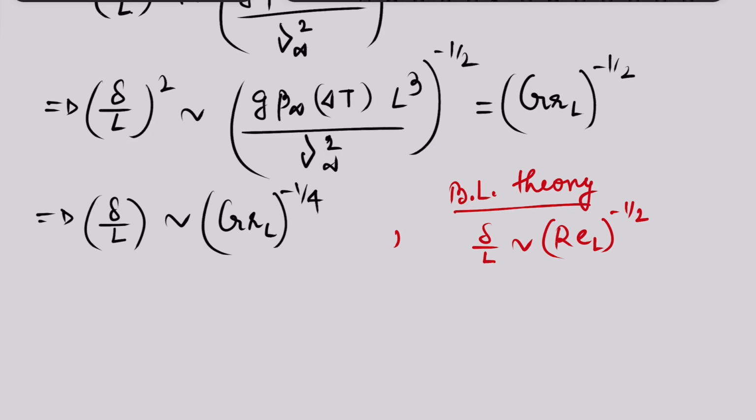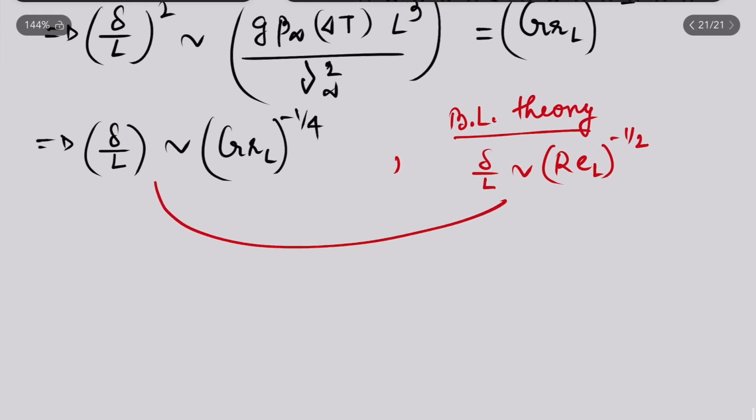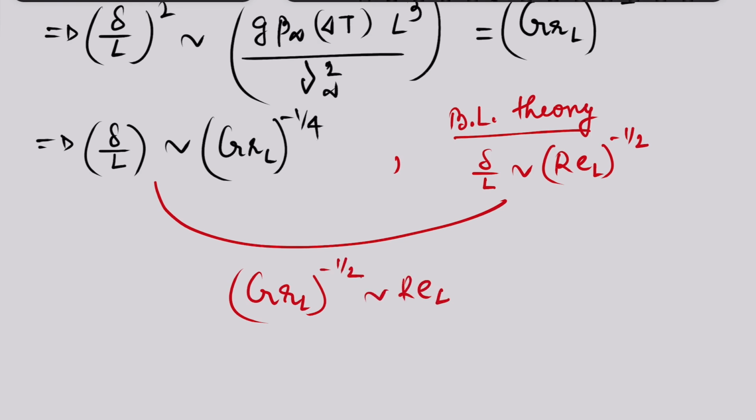So actually in natural convection, buoyancy takes the role of the inertia if we think of forced convection. So in forced convection, inertia drives the flow and viscosity opposes the flow. In natural convection, buoyancy drives the flow and viscosity opposes the flow. So comparing these two, we can say that Grashof number whole to the power minus half is actually playing the role of the Reynolds number, okay.